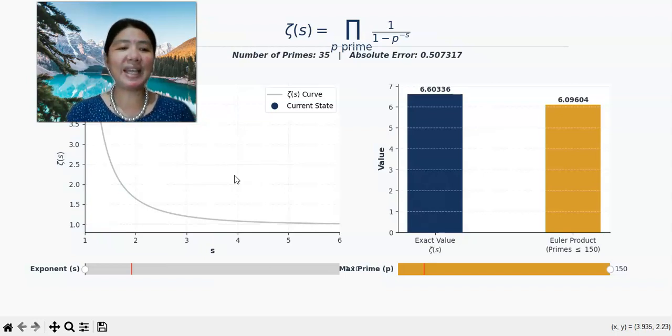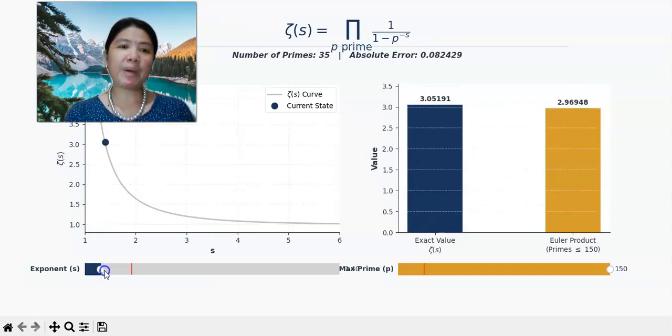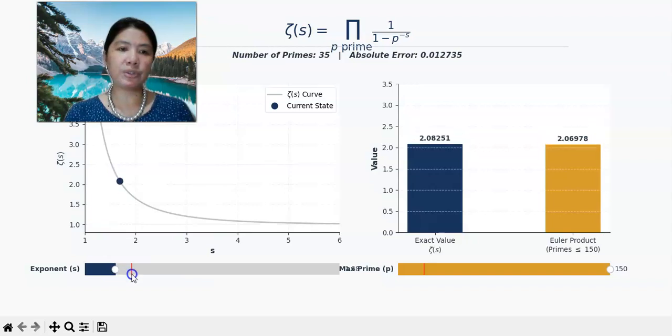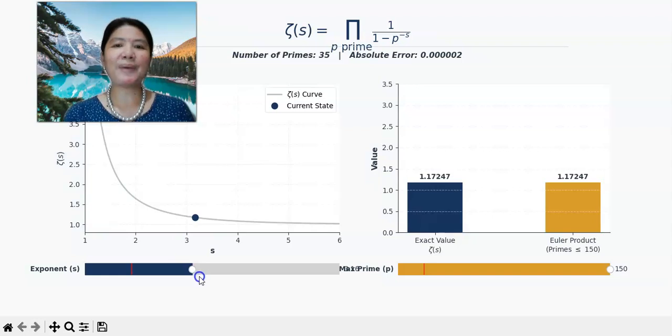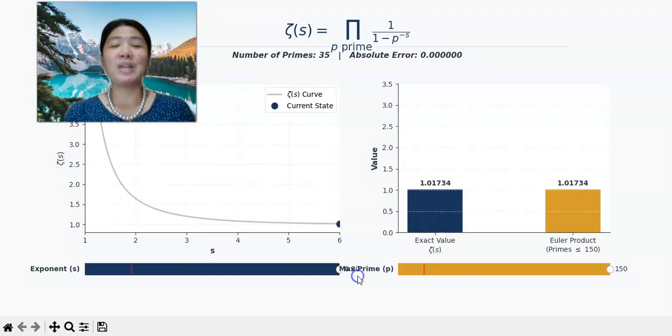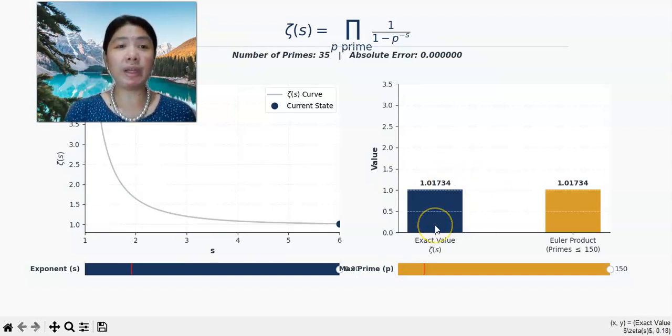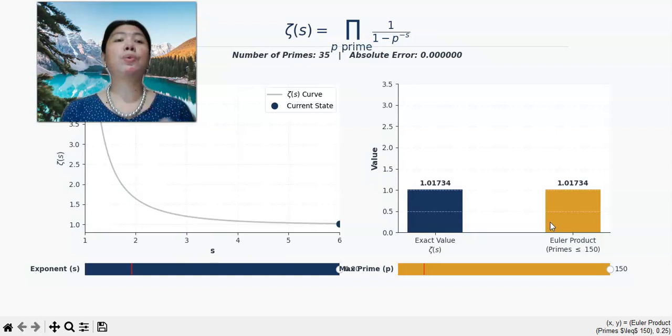As we move along the Riemann zeta function curve and increase s, we have powers of 2 here, then powers of 3, powers of 4, powers of 5, and powers of 6. We can visually see that the exact value of the Riemann zeta function and the Euler product value converge close to 1.